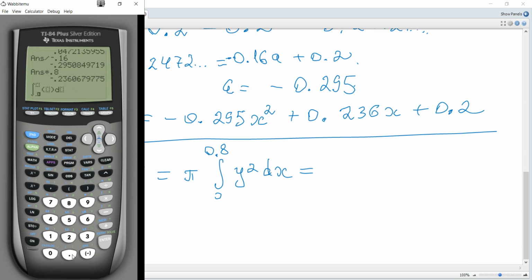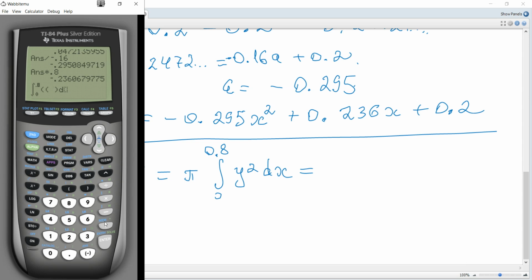From 0 to 0.8, and squared. I will take 3 significant figures. You may take it as exact.